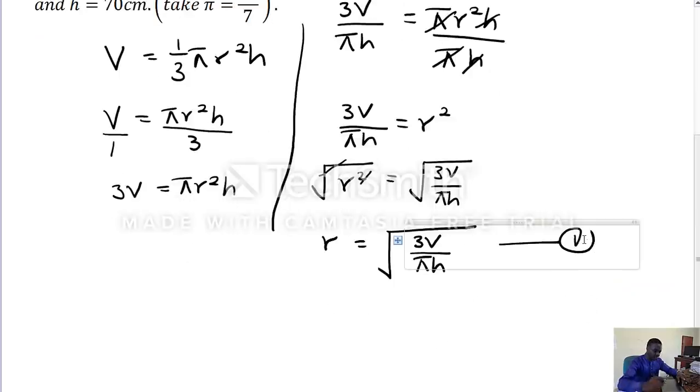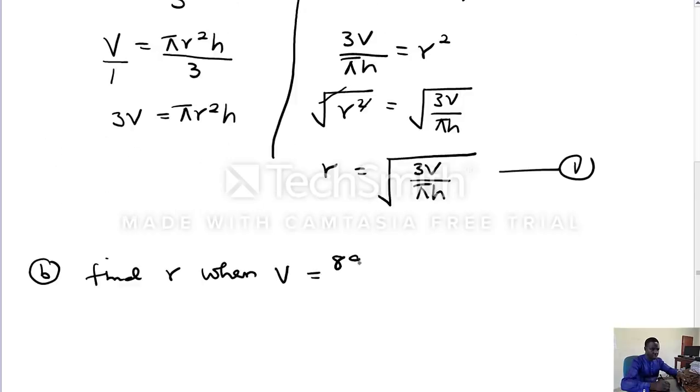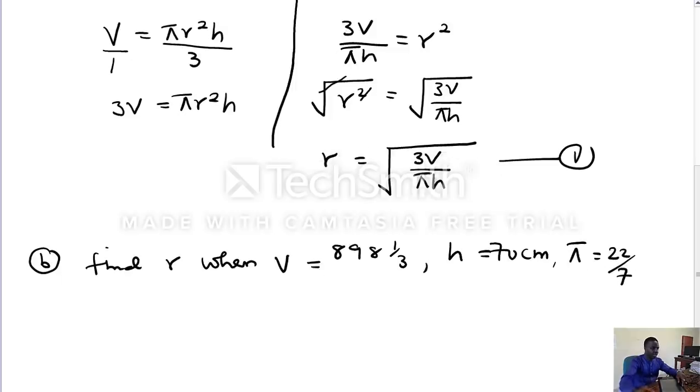So, part B: find r when V is equal to 898 1/3, h is 70 cm, and pi is 22/7. Let me confirm. Okay, that's what we have.